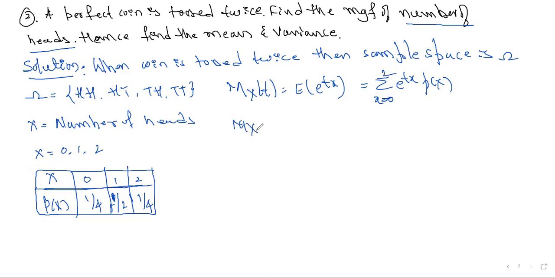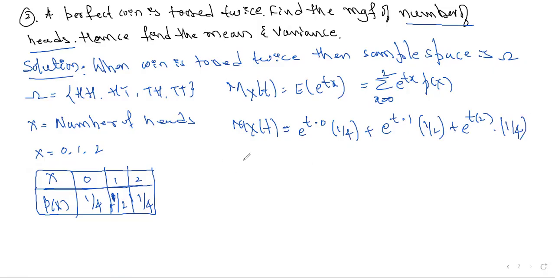So M_X(t) equal to, multiplying each by its probability, e power t into 0, its p of x is 1 by 4, plus e power t into 1, its probability is 1 by 2, plus e power t into 2, its probability is 1 by 4.